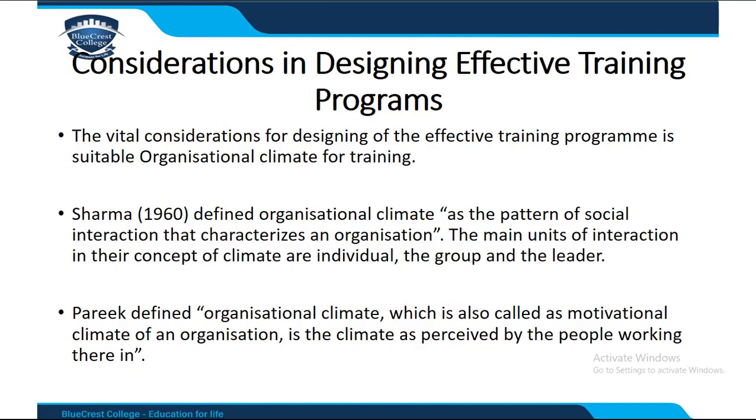And the main units of interaction in their concept of climate are the individual, the group, and the leader. Okay, so you have the individual, group, and leader as the main concepts of the climate of every organization.